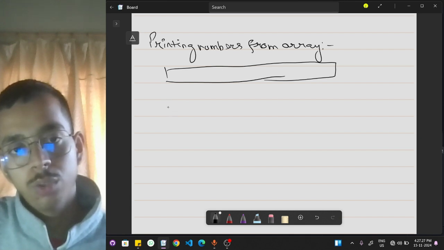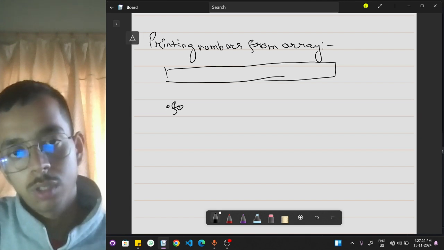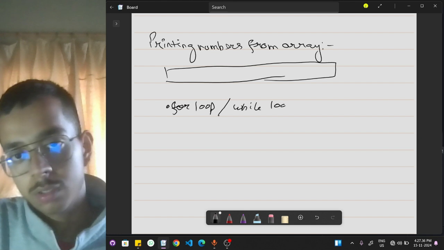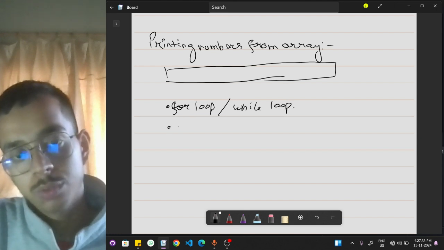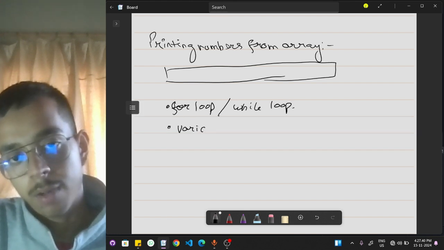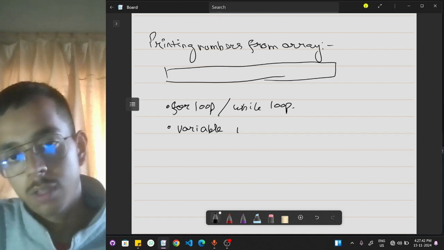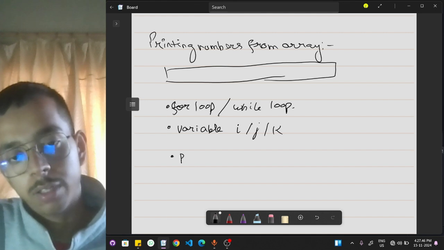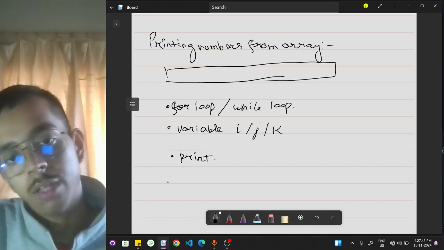You use a for loop or while loop, you use a variable i, j or k, whatever, and then you print, and then you increment.